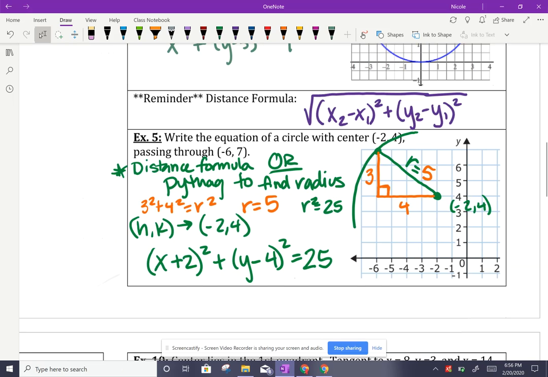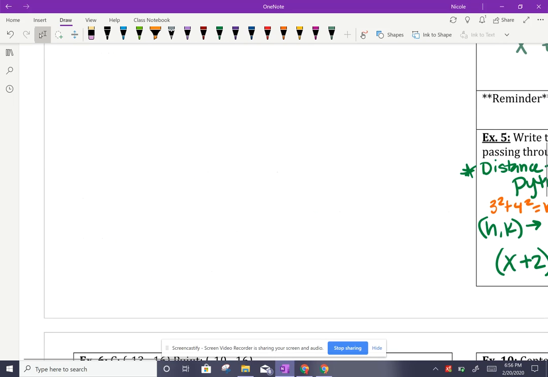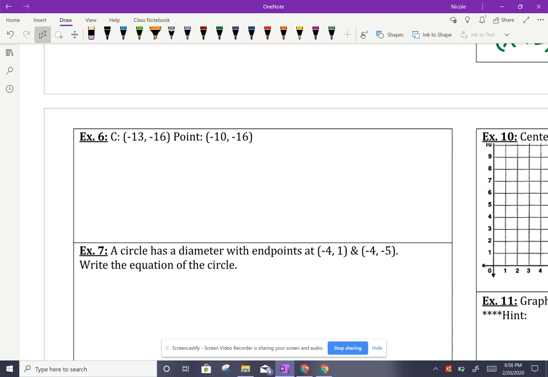Now, sometimes you are not given a graph, or you might not find it as easy to graph it, so you need to use distance formula. So I have my center point, H, K, right here, and I have some other point on the circle. And sometimes you might be given points that are too big to graph. So trying to graph it to do Pythagorean theorem might not work.